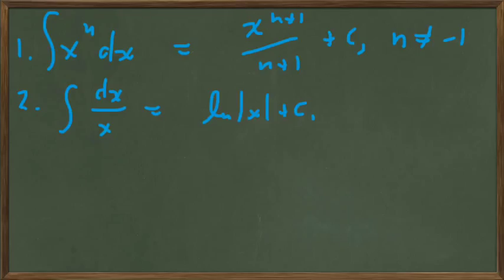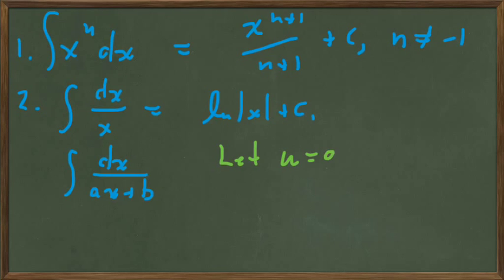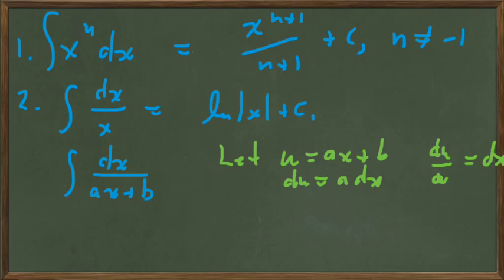Let's generalize this a little bit to dx over ax plus b, which we'll need fairly often. Then we're going to let u equal ax plus b, and du equals a dx, or du over a equals dx. This is something that we will frequently need to do, this type of a substitution right here.